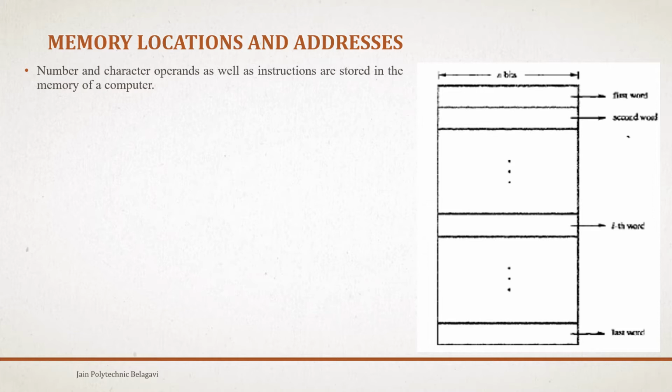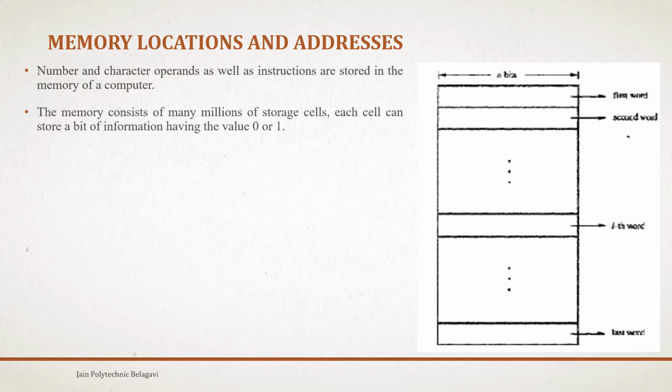As I said, whatever the numbers or operands, first they are stored into the memory in the form of this structure, or you can say in the form of words. As I told in the last session, the memory usually consists of a large number of storage cells. These cells are used to store a bit of information having the value of 0 or 1.